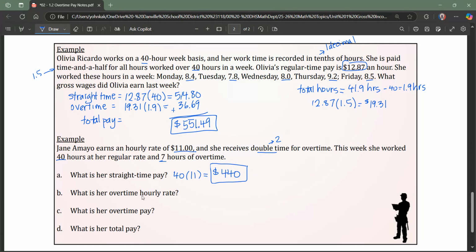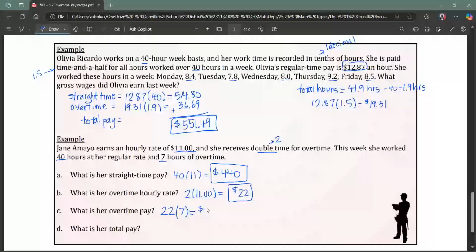Letter B, what is her overtime hourly rate? Well, her overtime hourly rate, it's double time, and she normally earns $11. So now she is earning $22 an hour. Letter C, what is her overtime pay? That's when you take your overtime rate, which is $22, and you multiply it by your overtime hours, which is 7.